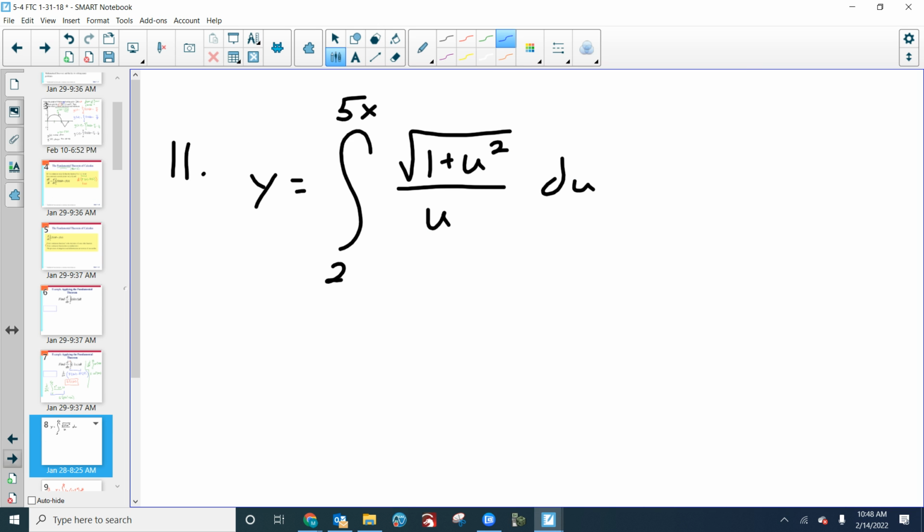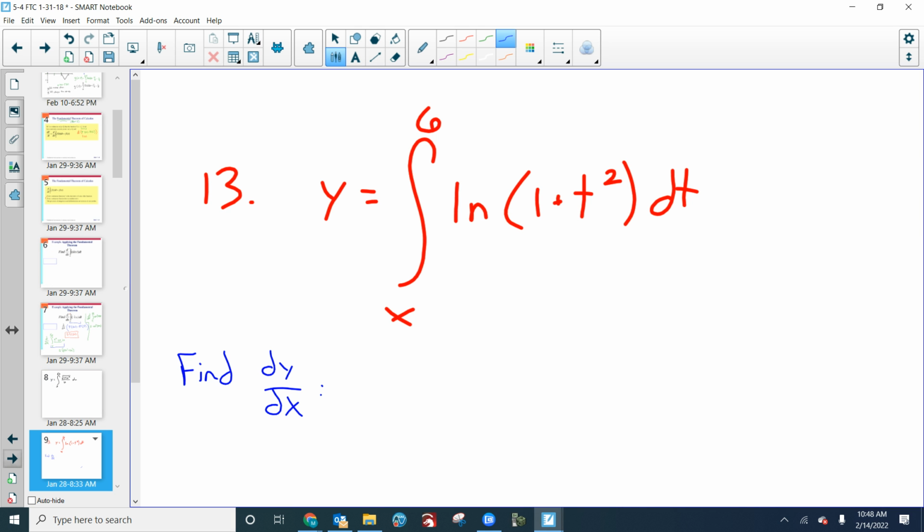Now what if, you guys know what to do there. What if we have a problem like this that's very similar? What's different about this one? The x is the bottom bound now. Does that affect anything?